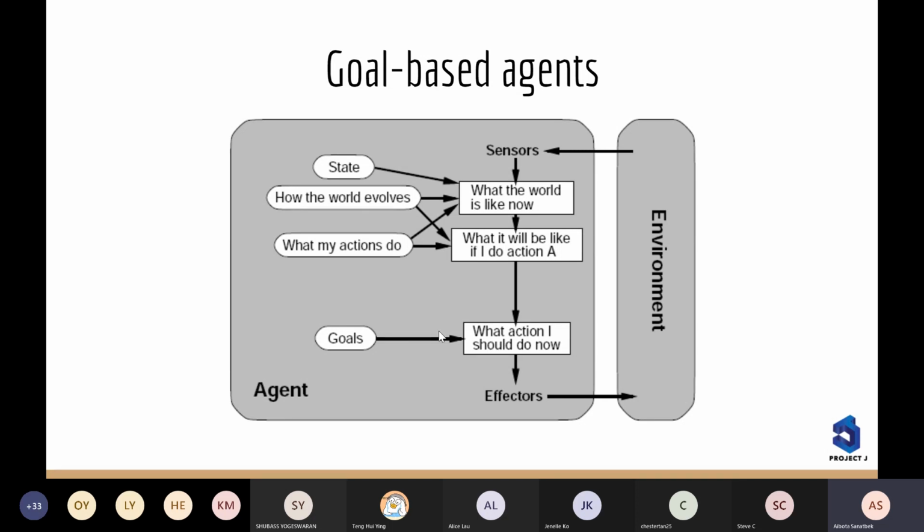So basically it has a goal to reach in mind, and it performs its actions based on that. This goal is like a performance measure for deciding whether it has reached its destination, how well it's performing, or how far it is from its goal.